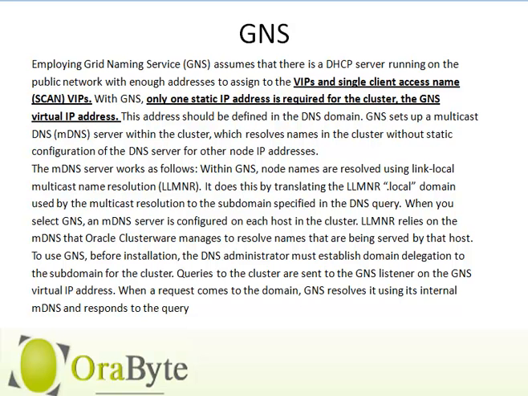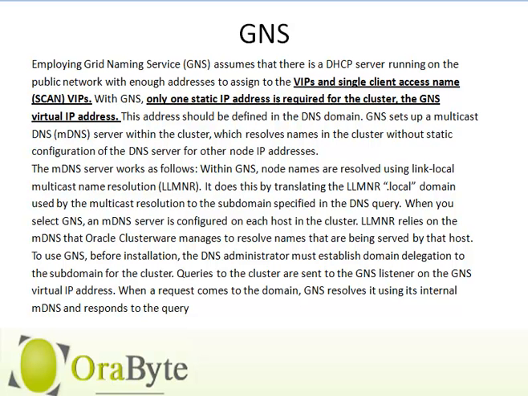Alright, so let me read that again. GNS sets up a multicast MDNS server within the cluster. The MDNS process will be running on each node, and this process resolves names in the cluster without static configuration of the DNS server for other node IP addresses.